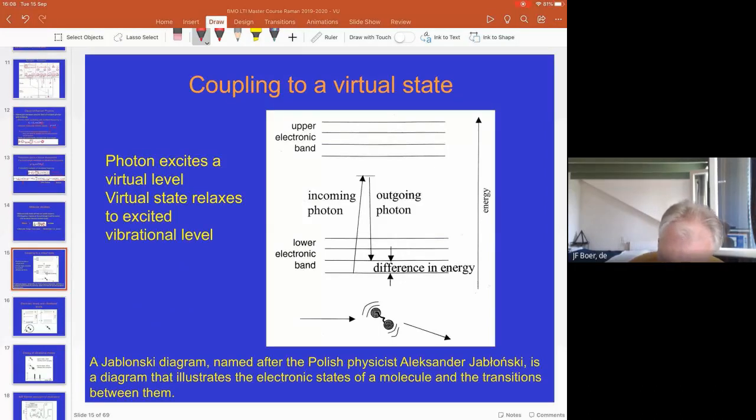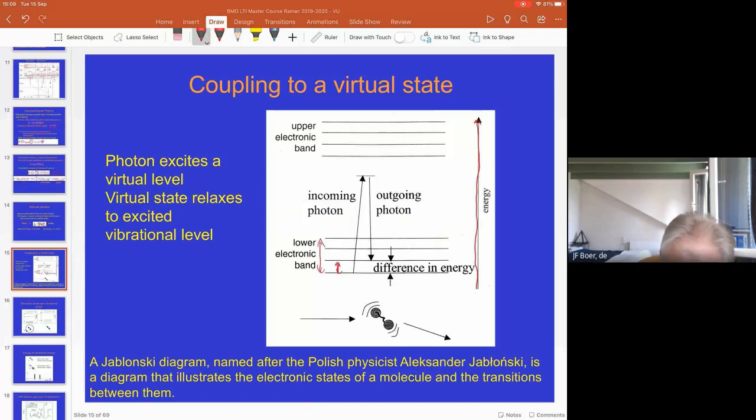And so what is shown here is the electrons are in the lower electronic band around the molecule, but we can excite vibrations. And so these energy differences, so remember, this is an energy axis.